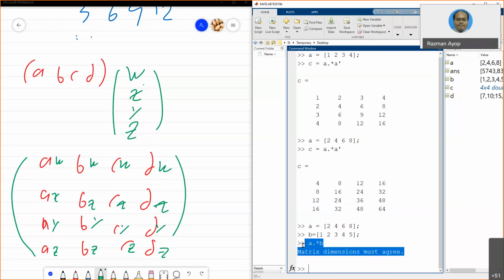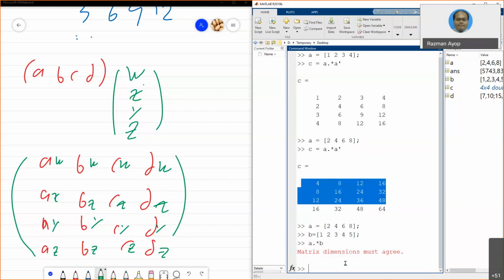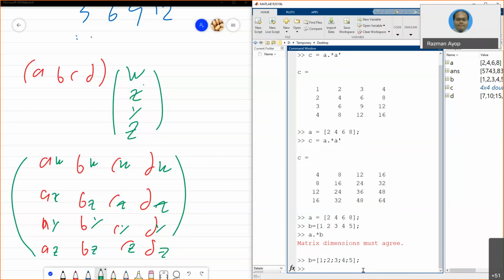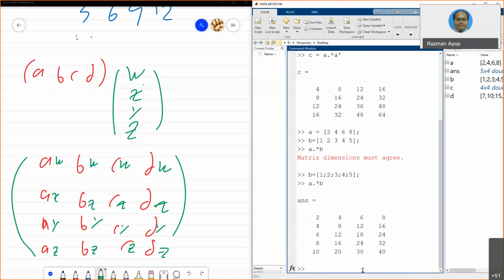See, it should be something like this. I'm not sure how MATLAB can accept this. Wait, let me check first. Yeah, it can. Okay, the new one can.